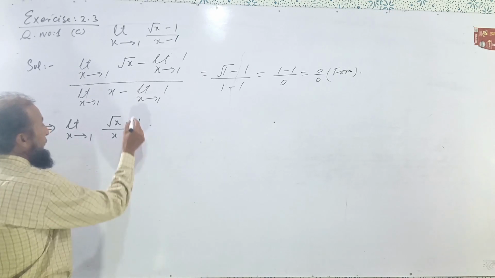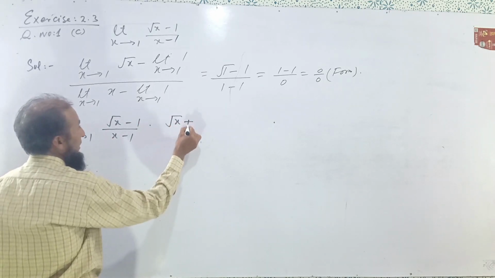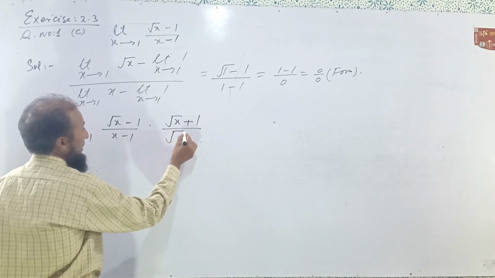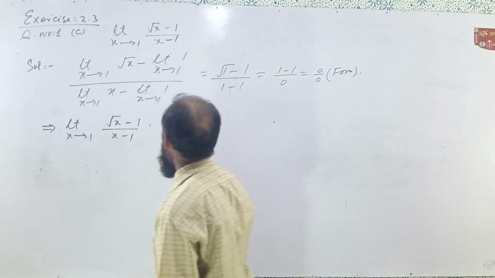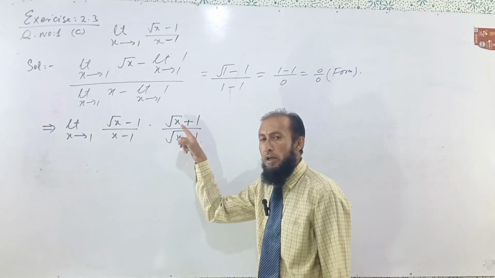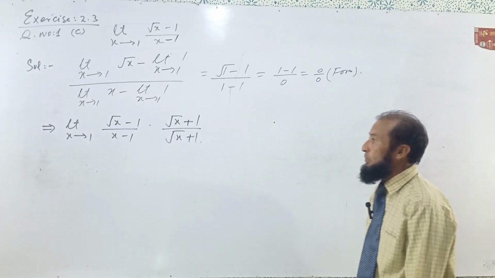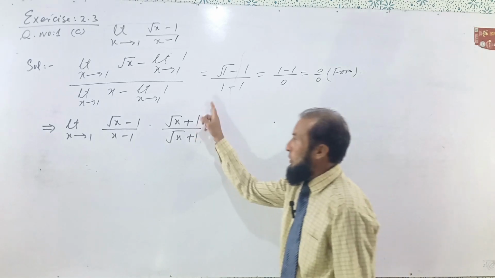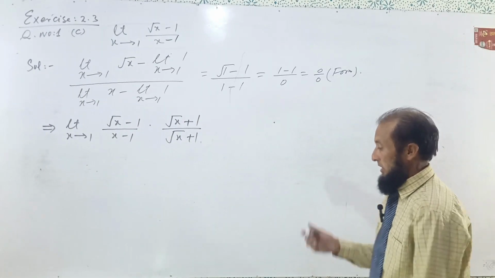We take the conjugate of the numerator, so we multiply and also divide by the conjugate, square root of x plus 1. Both cancel each other, so there is no effect on the question.